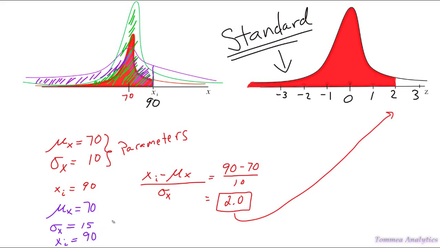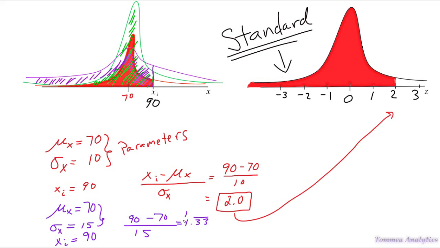And what we want to do here is calculate the z-score for the purple. And again, these two numbers here are the parameters. And going ahead with the calculation, we get 90 minus 70 divided by 15, which gives us 1.33 repeating.